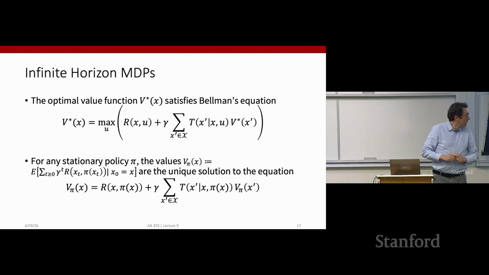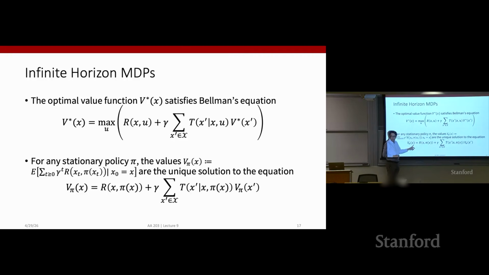Remember that V of x is the value for a specific state x, and if you have 10 possible states, then you will have 10 different values, one for each possible value of the state. Does it make sense?